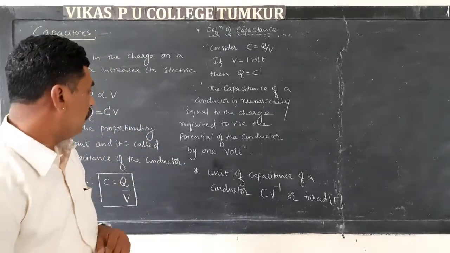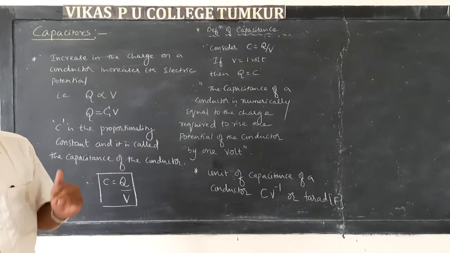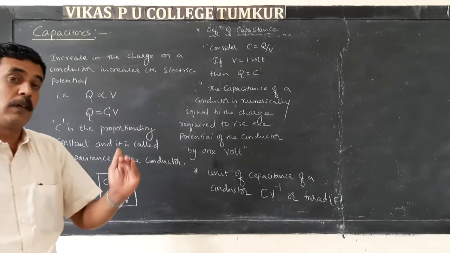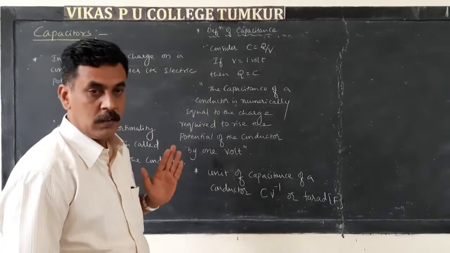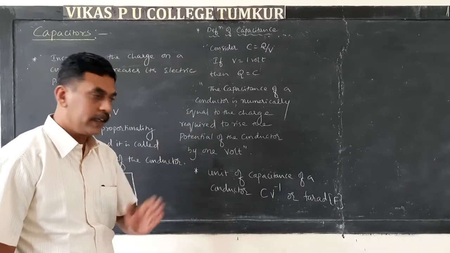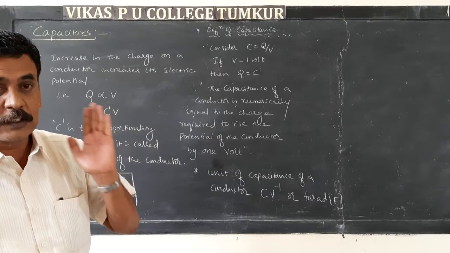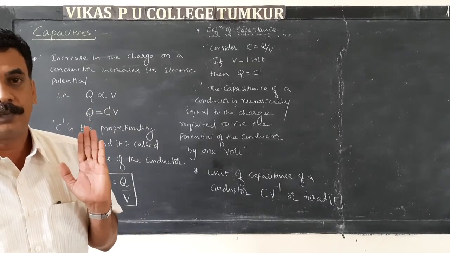Faraday is also a unit, but not for capacitance. It is for electric charge in electrolysis. So chemists will define what is 1 Faraday. Faraday is also a unit, but it's not for electric capacitance.